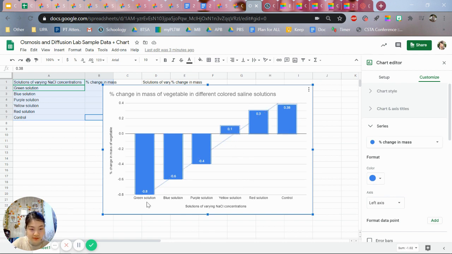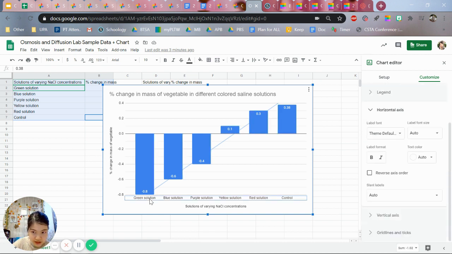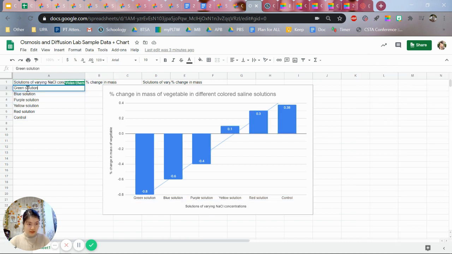So if we were to apply the molarities, I'm just going to type it out here. Let me just type them out here. The most concentrated saline solution is 0.8 molarity, and then it's 0.6.